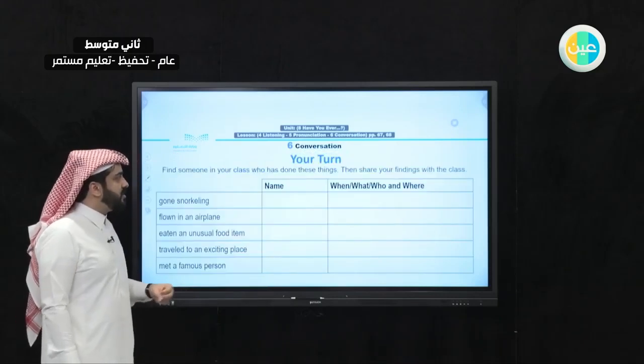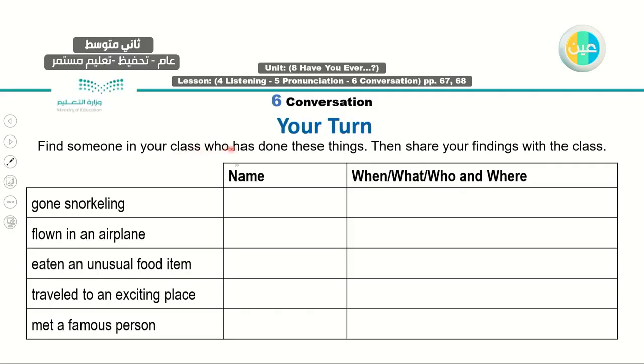And the next part is your turn. So find someone in your class who has done these things, and then share your findings with the class. So it doesn't have to be a classmate, maybe a family member or a friend, and ask about those activities. So write here the name of the person that you're going to ask, and when, what, who, and where. So more information in this part of the chart.